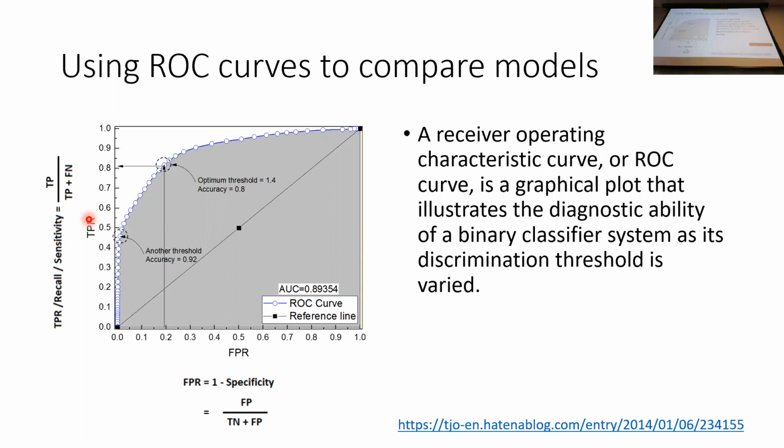The curve is created from multiple data points. So how can one algorithm have multiple points here? It's because of the definition of your parameter. Sometimes you achieve this, sometimes you achieve that.